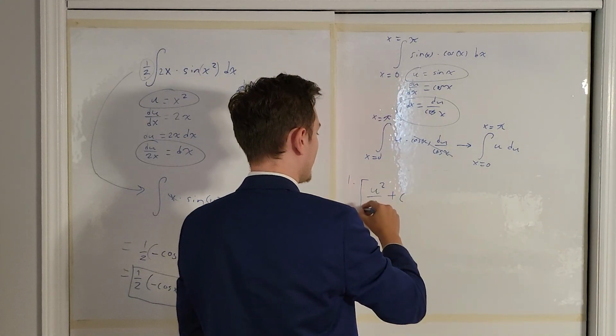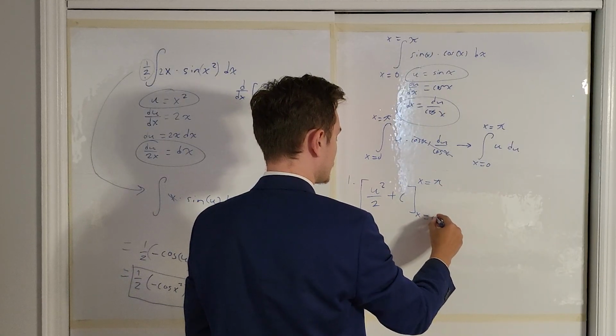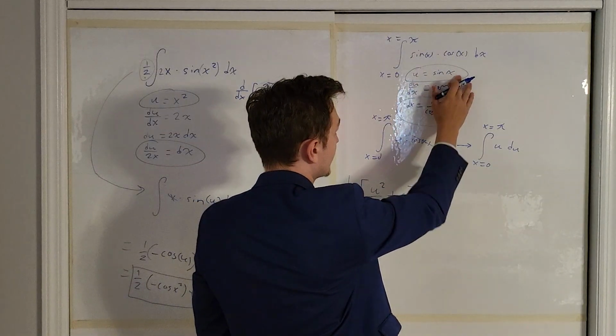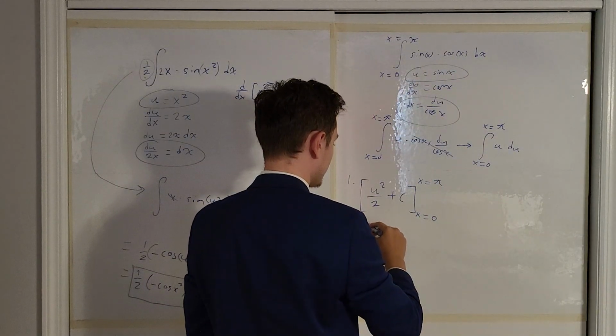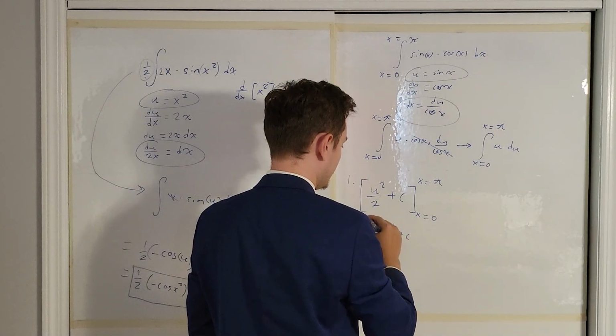And you're going to evaluate this from x equals pi at the top, x equals 0 at the bottom. Then we're going to take our u and substitute back for our function of x. This is going to be sine squared x over 2 plus c.